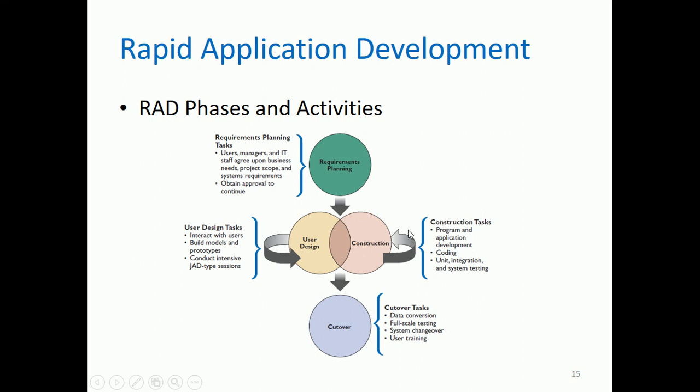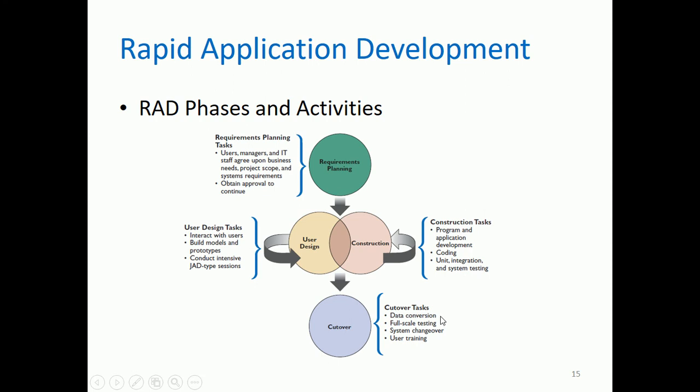This will repeat. It is an iterative process until the users are satisfied with the functionalities that are already in the prototype. Then if the development is complete, it will proceed to cut over. So what are the tasks for the cut over?